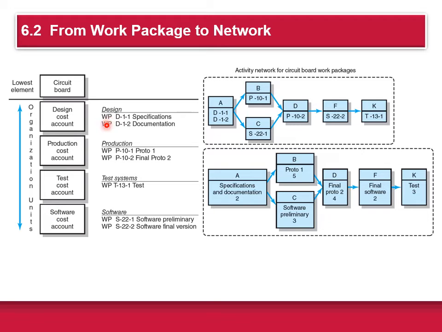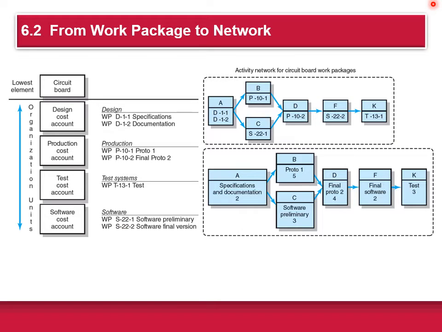And it also shows which work packages are associated with which cost accounts. So for example, design has WPD11 specifications and WPD12 documentation. Production has 2 work packages, test systems has 1, and software has 2 work packages.